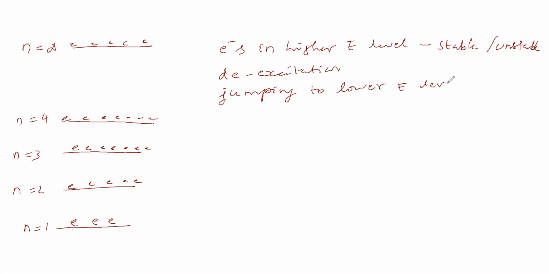What are the possibilities of jumping to a lower energy level? Suppose an electron is present in the fourth level.